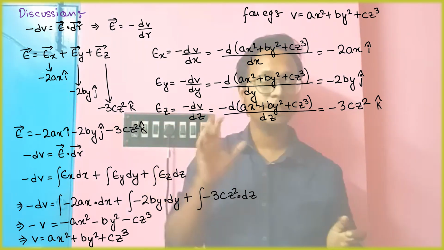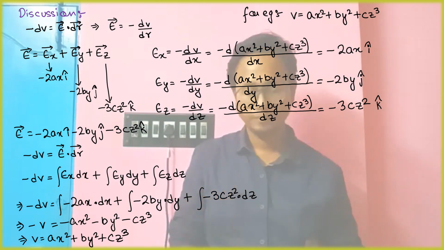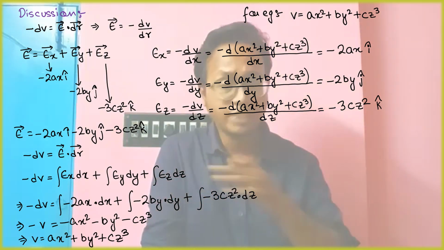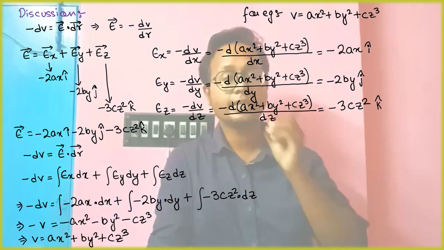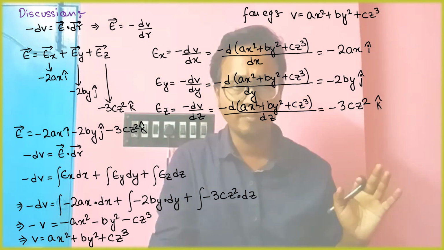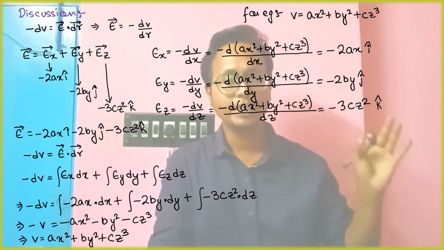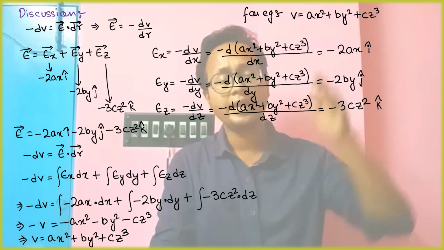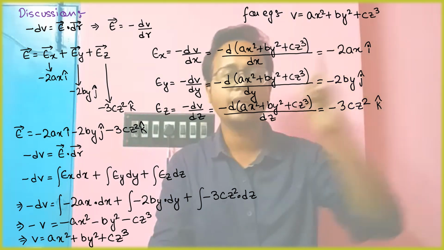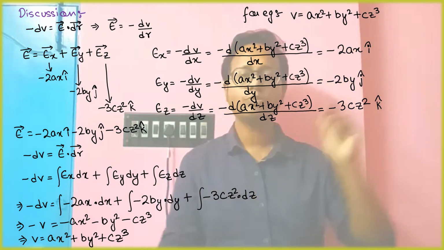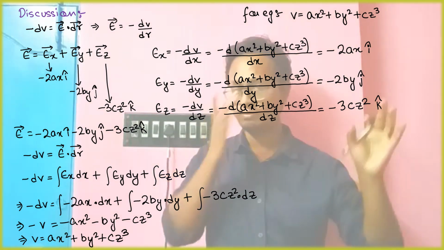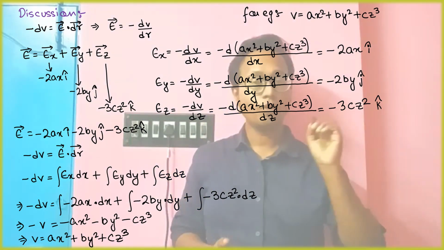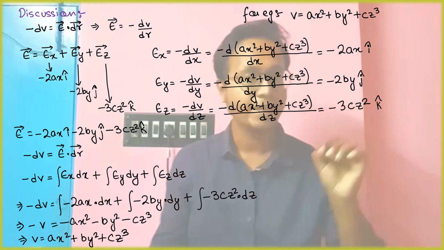Follow the i cap, j cap, and k cap. Understood? Potential will never have i cap, j cap, k cap. Electric field will always have i cap, j cap, k cap. Variables x, y, and z can exist in both the equation of potential and electric field, so x, y, and z are irrelevant out here. We just have to differentiate with respect to them. Follow the i cap, j cap, and k cap.